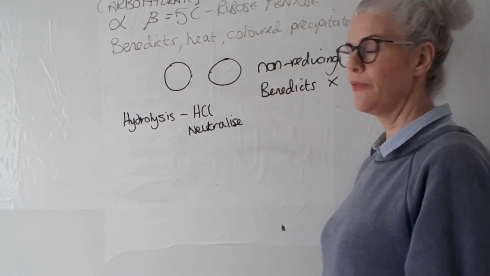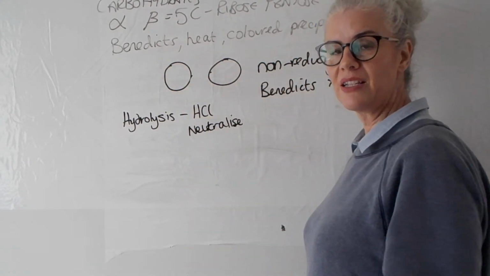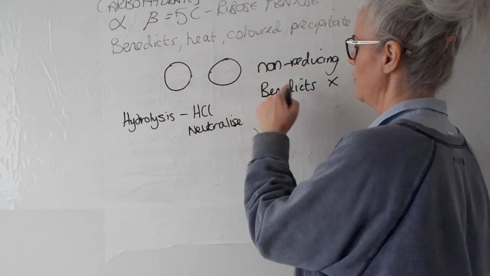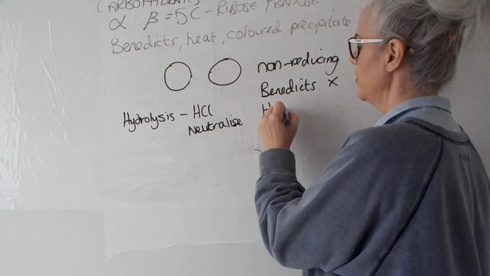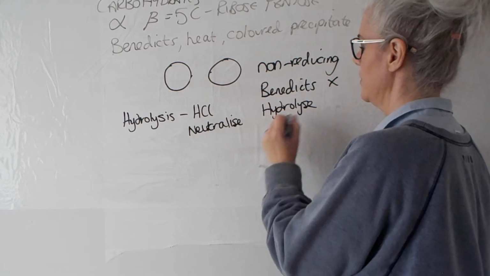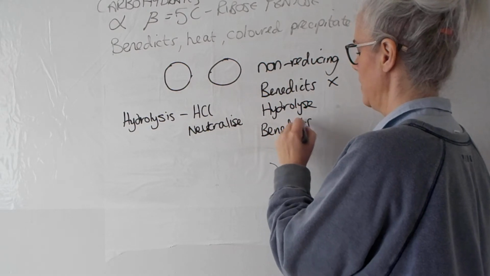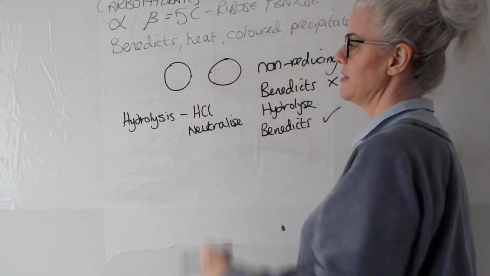Now, if you break that bond, you've got 2 monosaccharides, and all monosaccharides are reducing sugar. So you do Benedict's, you get a negative result. You hydrolyse, and then you redo Benedict's, and you will get a positive result because you've broken that bond.